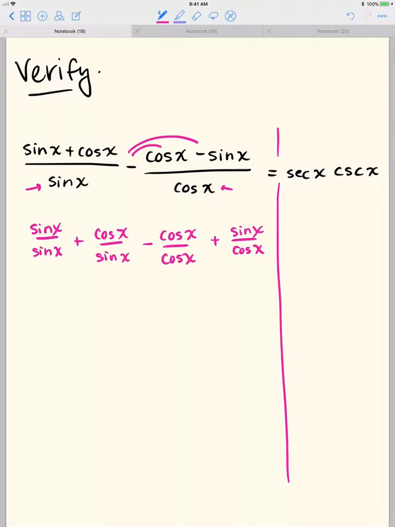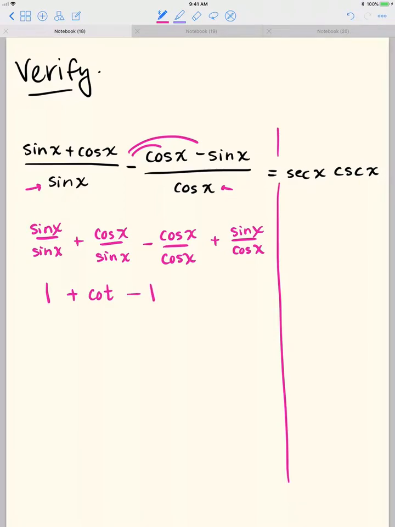All of those clean up very nicely without having to get fraction denominator mess. So sine over sine is 1. Cosine over sine is cotangent. Cosine over cosine is minus 1.